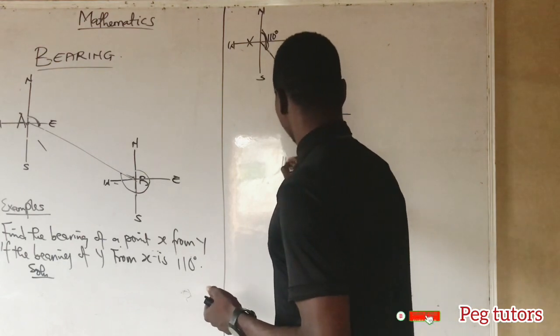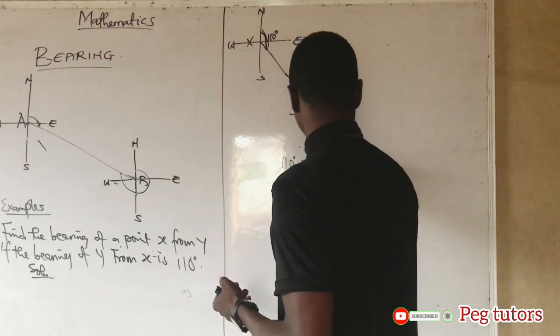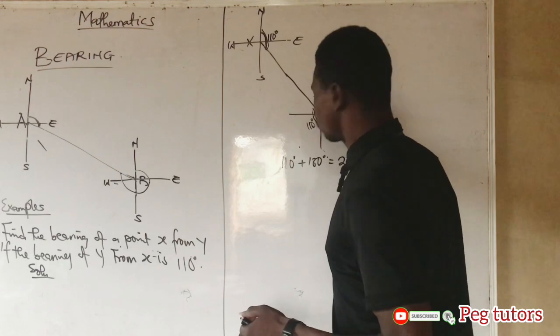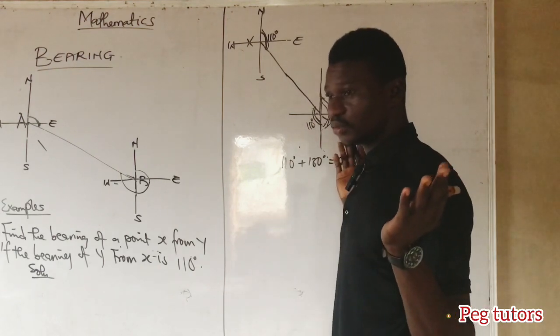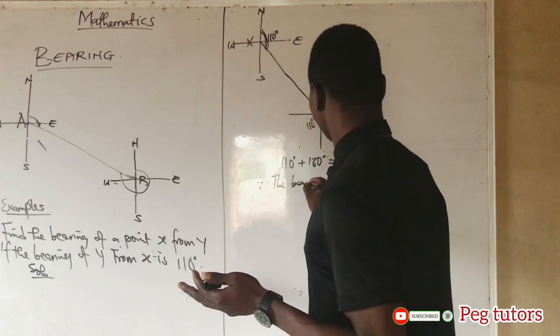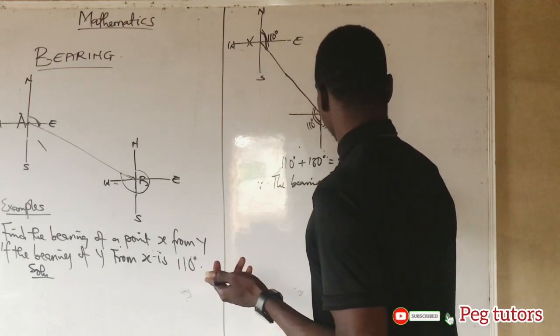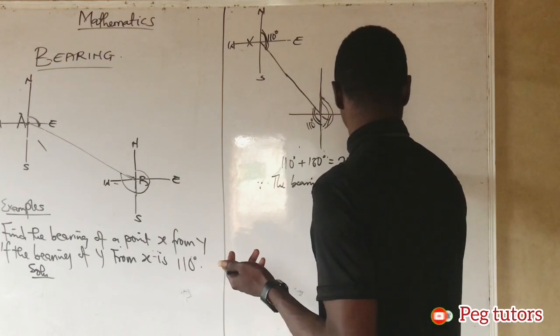So 110 plus 180 will give us what? 290 degrees. Remember, from here to here is 290 degrees. What do we need again? So therefore, the bearing of x from y is equal to 290 degrees.